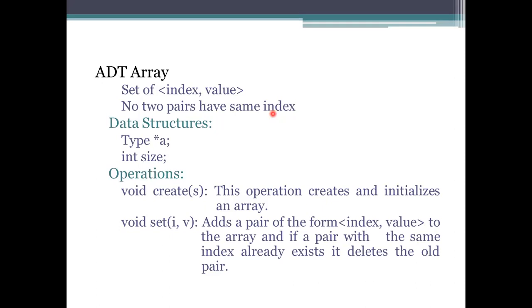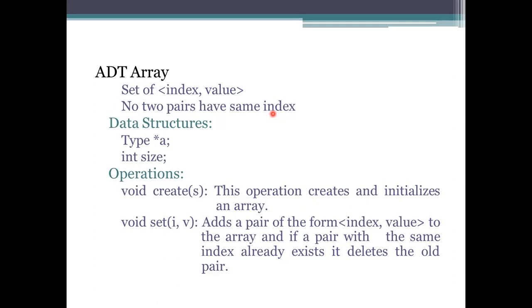And what are the operations here? First, we need to create an array. If you are creating an array, it has to be initialized with 0, or if not, it will create an empty array of the size you represented.